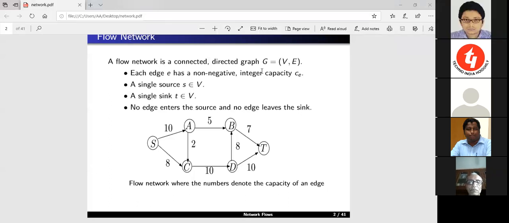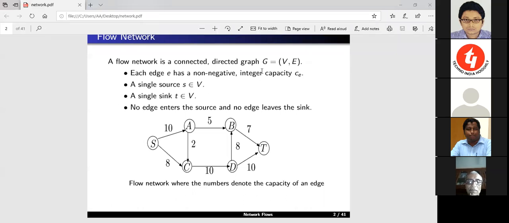So you can think of it as a practical problem. Think of this as, say, for example, a railway network. These are different stations, and there are lines between some points. So some stations, there are direct lines. And the capacity basically represents the capacity of the line to carry how much goods it can carry.